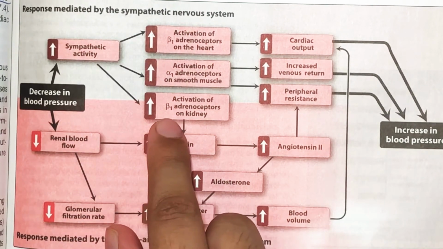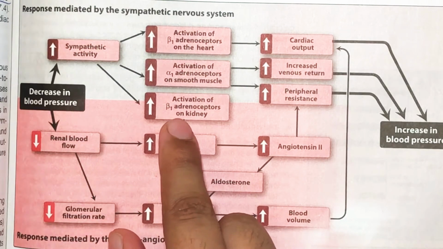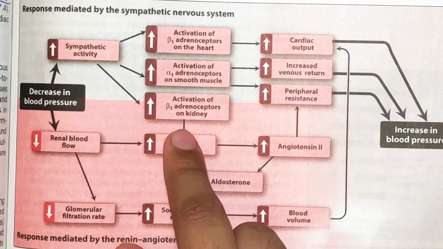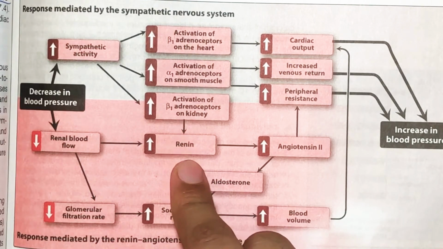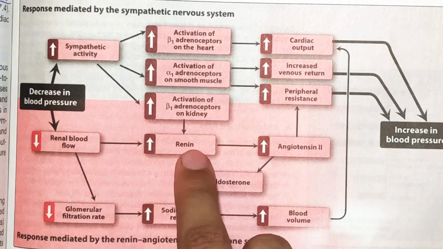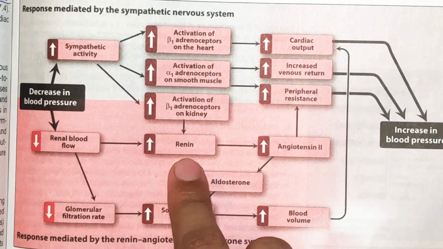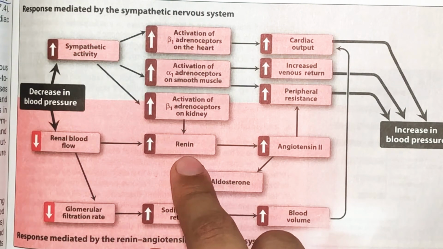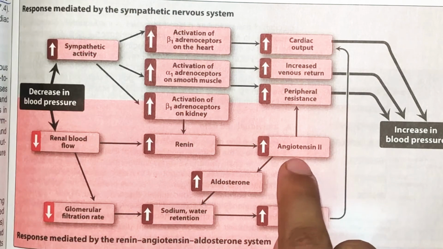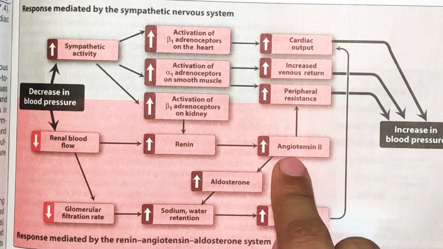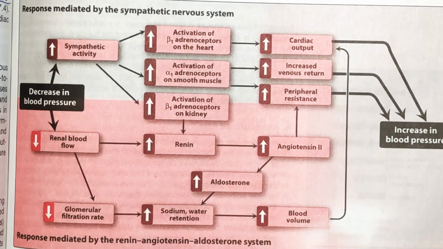And the third thing, there is presence of baroreceptors on the kidney too, that is beta 1 receptors, and these beta 1 receptors actually release the renin enzyme, which causes the conversion or formation of angiotensin II.